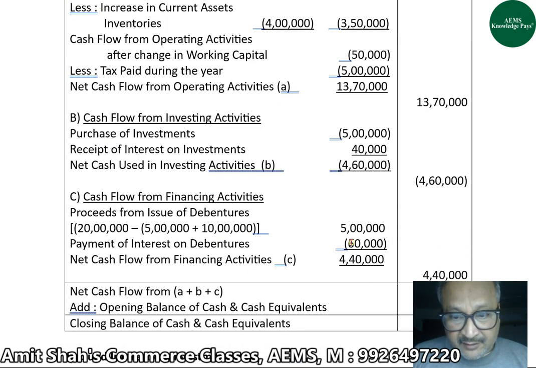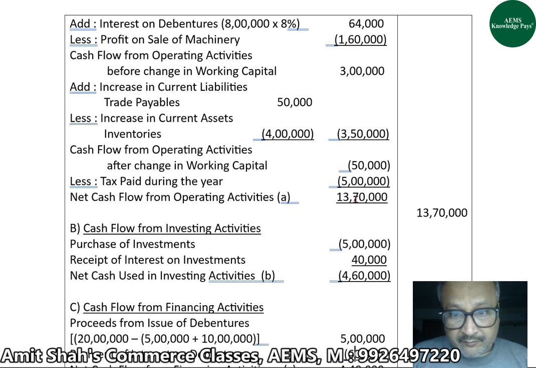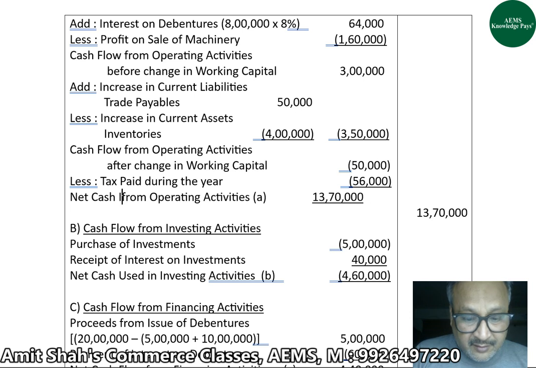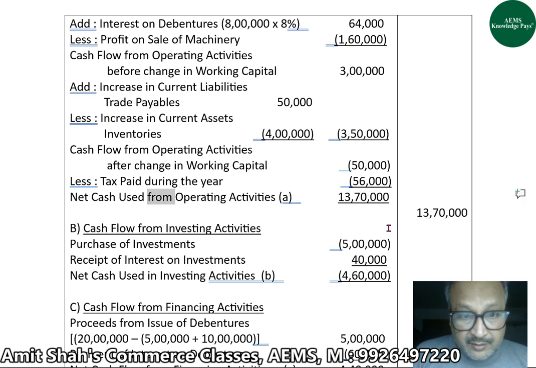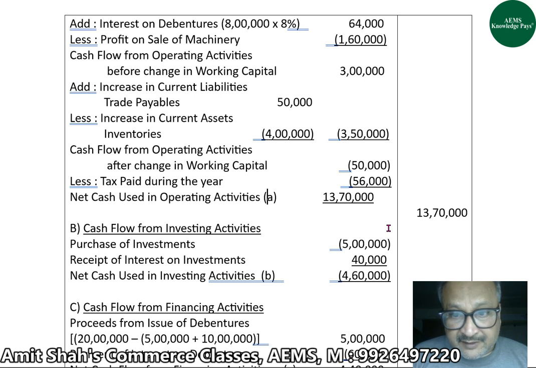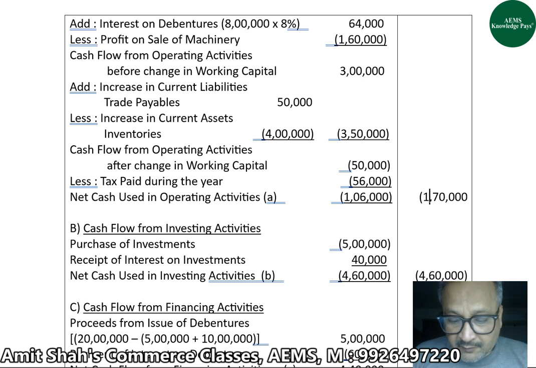So that we will subtract here. So with this, net cash used in operating activities is 1,06,000 negative. The same we will write in our outer column, 1,06,000.